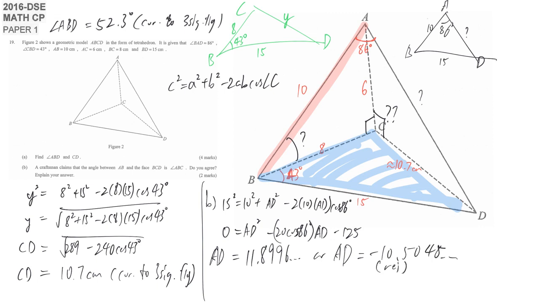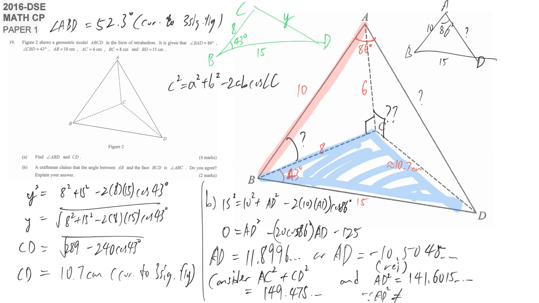And then we are going to confirm whether this is a right angle here. So we consider AC squared plus CD squared, which is equal to 149.475 something. And at the same time, AD squared is 141.6015 something, which is obviously not equal to AC squared plus CD squared.